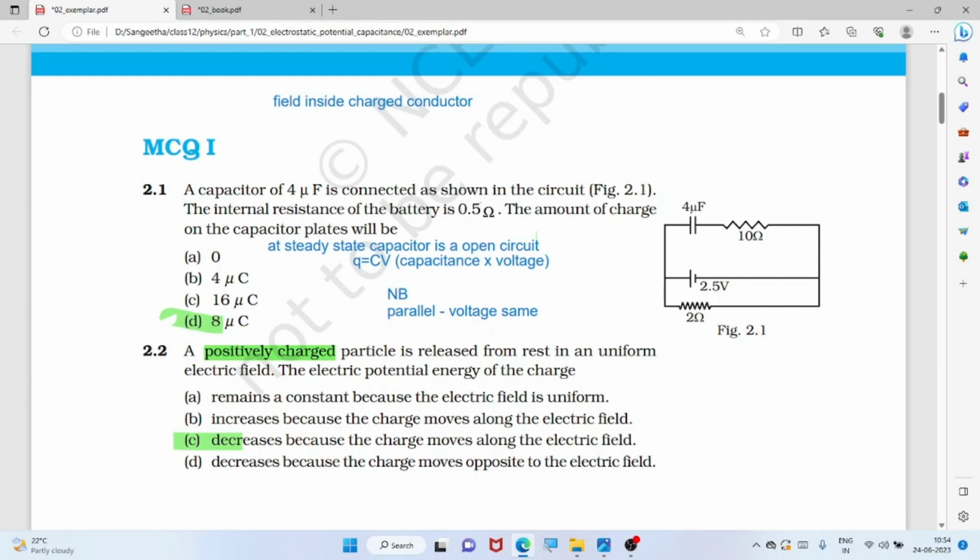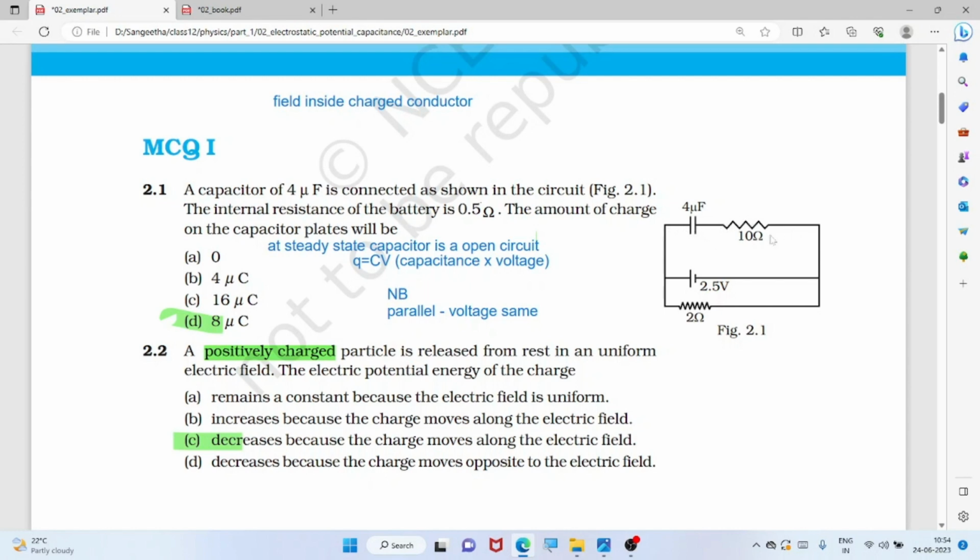Okay, a capacitor is connected as shown in the figure. The internal resistance is given. The amount of charge on the capacitor will be? Whenever you connect a capacitor, immediately it acts like a short circuit. But when it is fully charged, it acts like an open circuit.